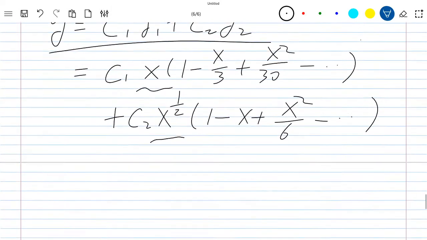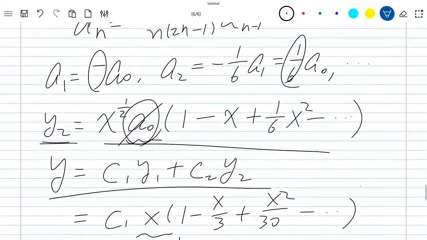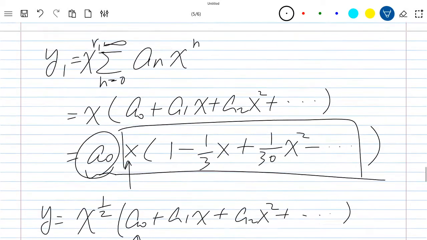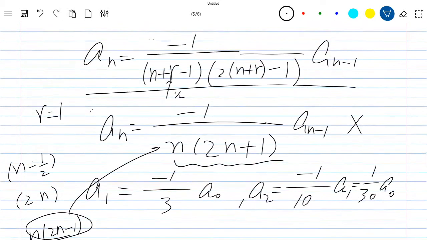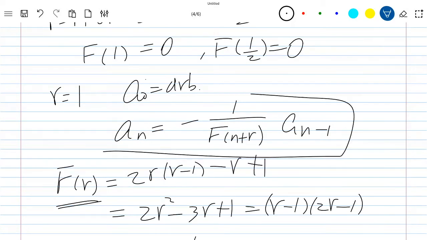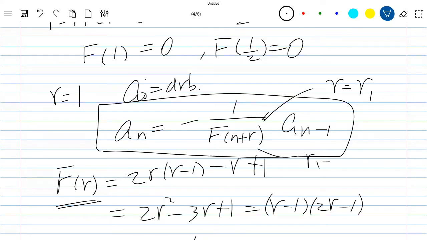But there is one problem with this approach. When you have this recurrence relation, like here, if we plug in r equals r1, then this denominator will not be 0 for n equal to 1, because this will be r1 plus 1, right?